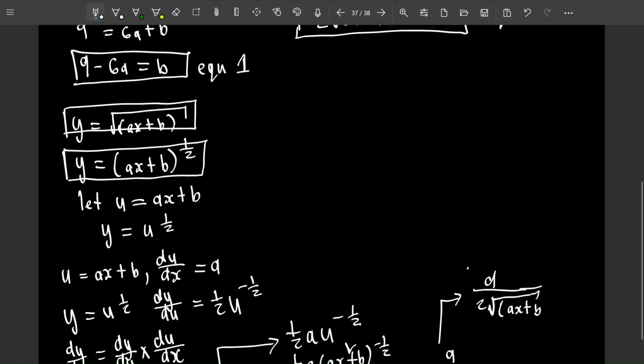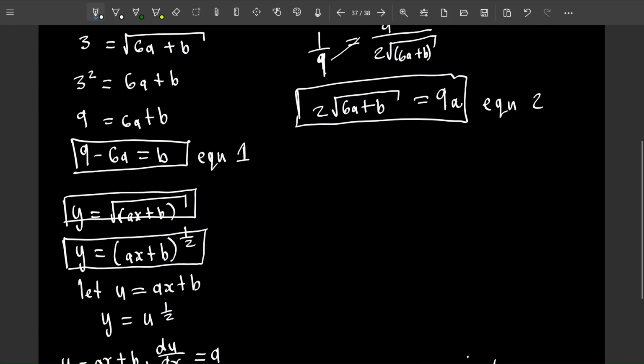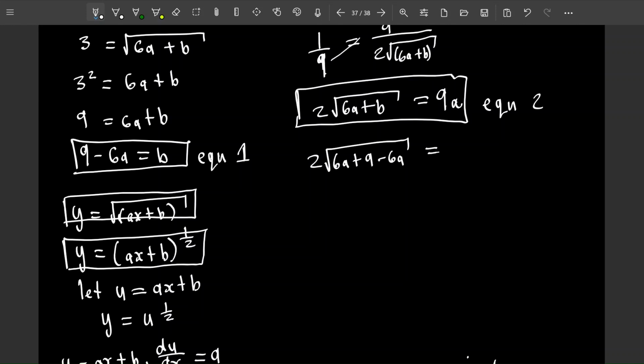But now I know what b is, right? Yes, because in my equation 1, I said 9 minus 6a is b. So where there is b, I can put 9 minus 6a. So it's going to be 2 square root of 6a plus 9 minus 6a, and this is equal to 9a.